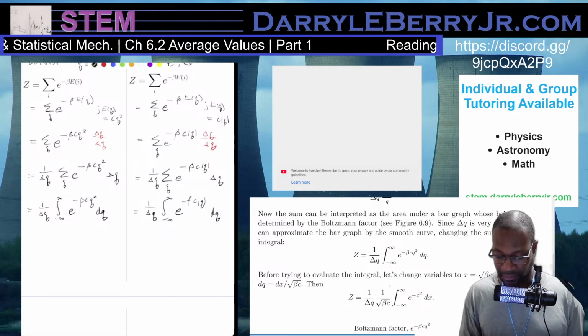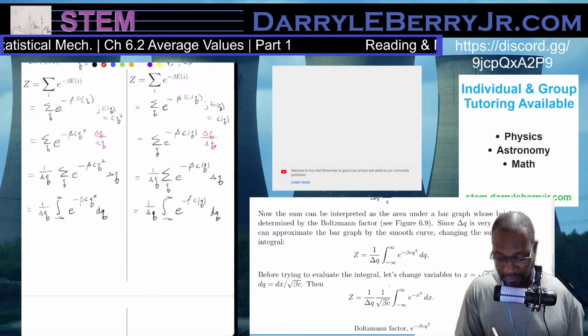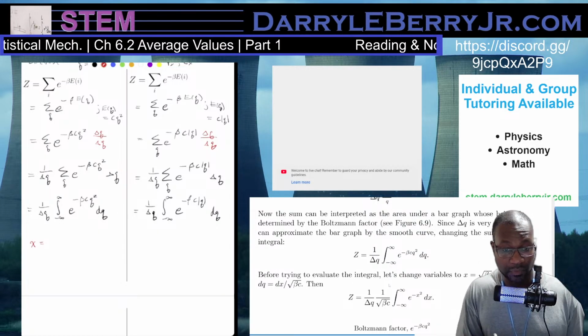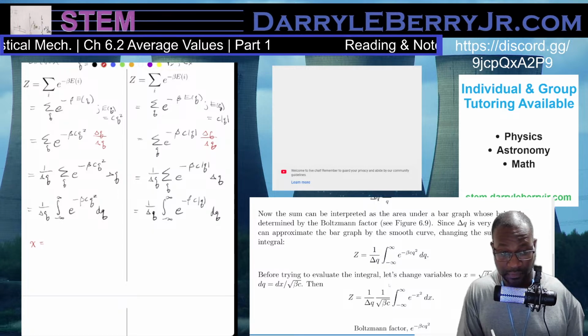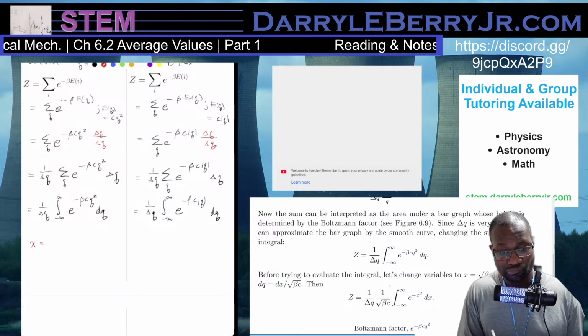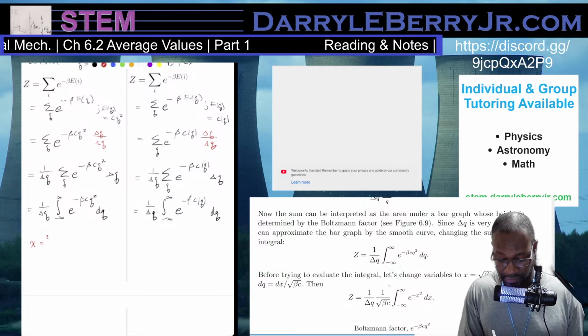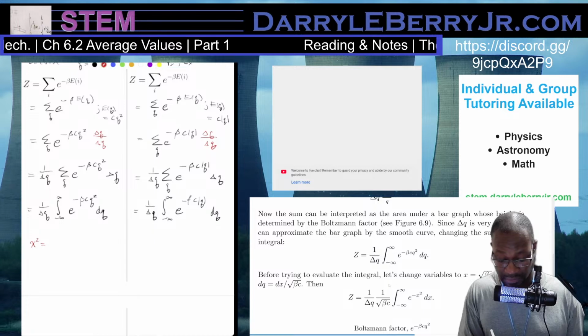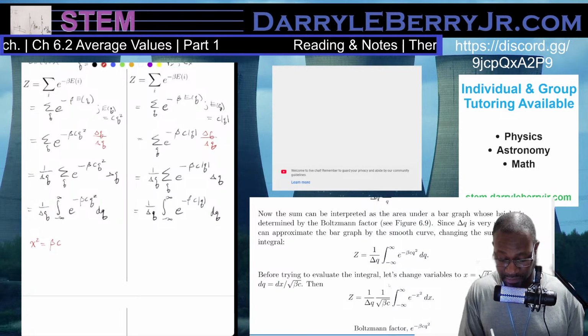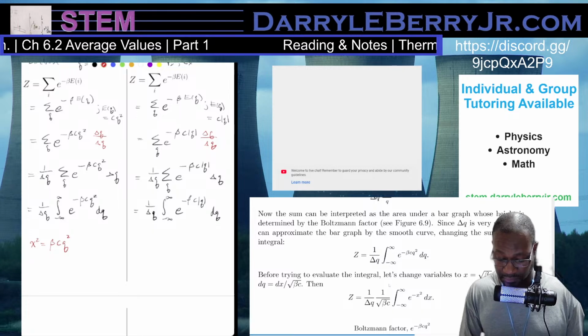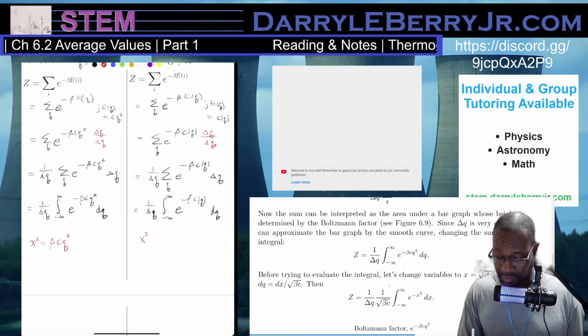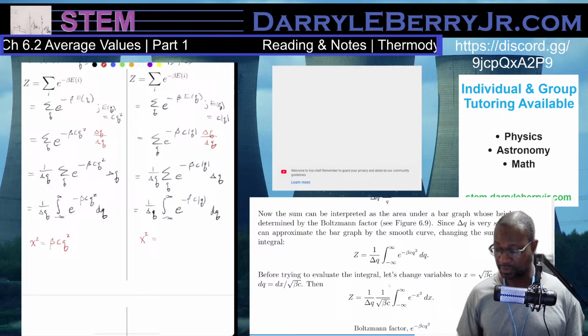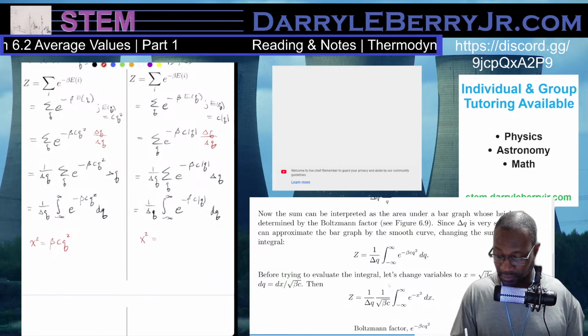And now they get tricky. And they say x squared equals beta c q squared. So here, x squared equals, and maybe this doesn't work here, but I'll still try it, beta c times the absolute value of q.